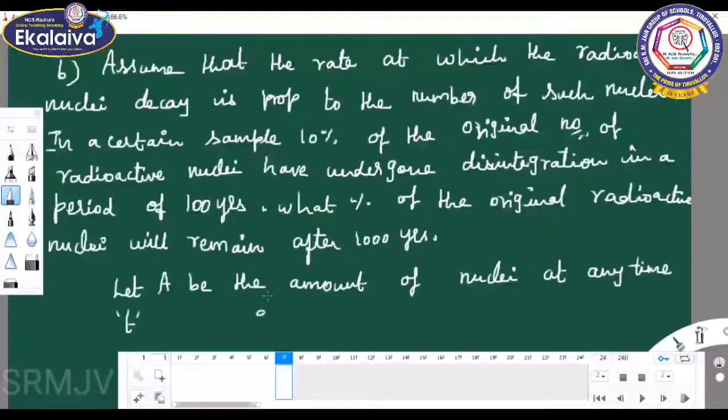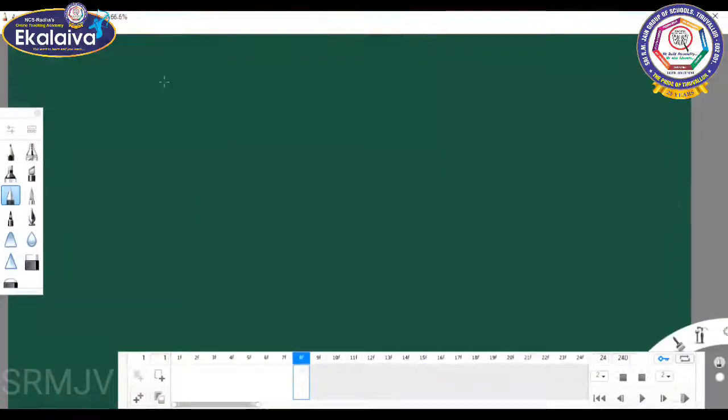So the rate of change of nuclei with respect to time is directly proportional to A. So dA by dt equals kA, removing the proportionality. dA by A equals k dt.